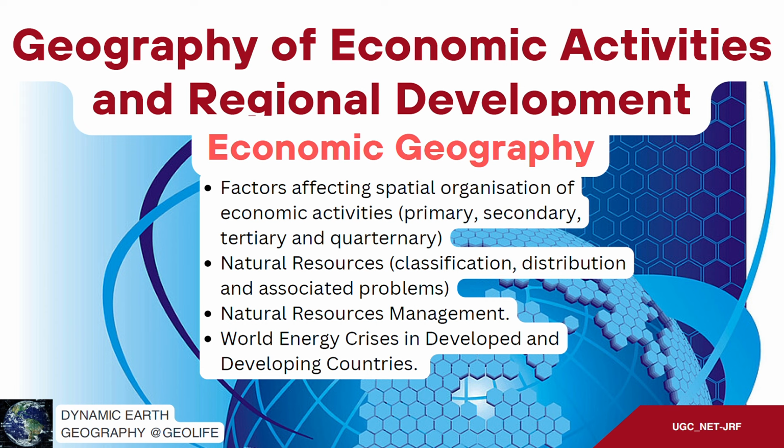So first, economic geography includes the factors affecting spatial organization of economic activities, that is primary, secondary, tertiary and quaternary economic activities. Then natural resources classification, distribution and associated problems, natural resources management, and finally the world energy crisis in developed and developing countries are included in economic geography.